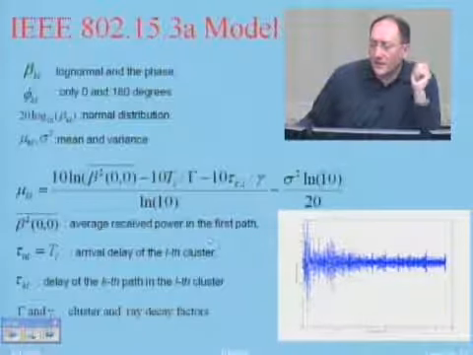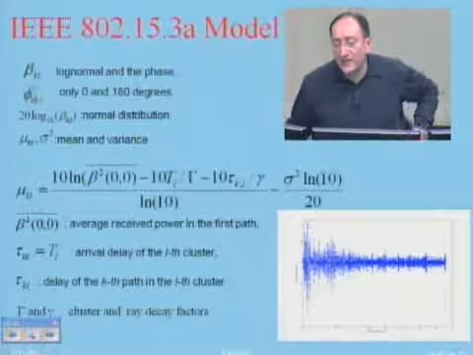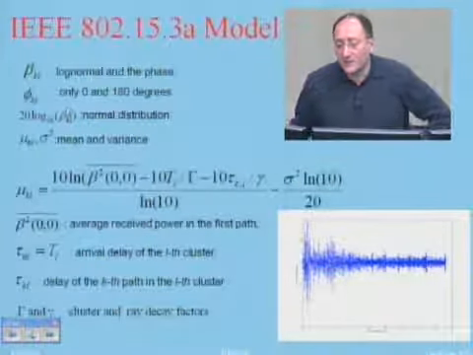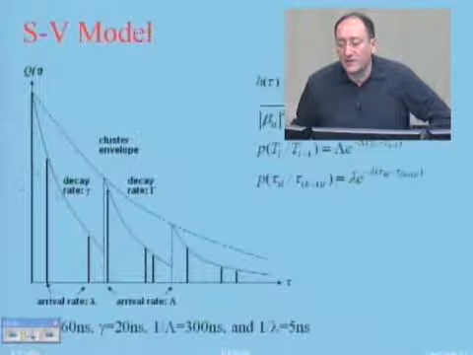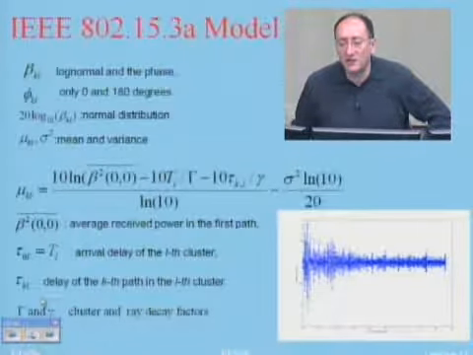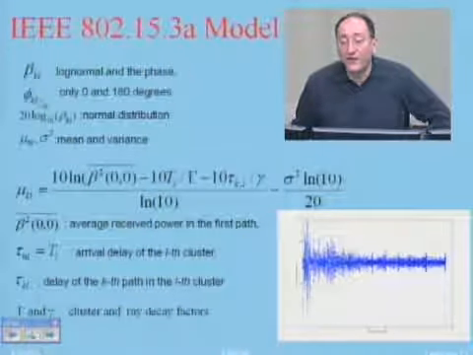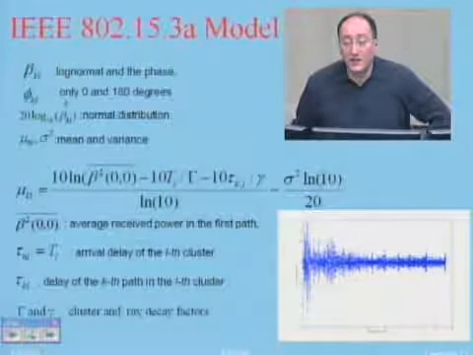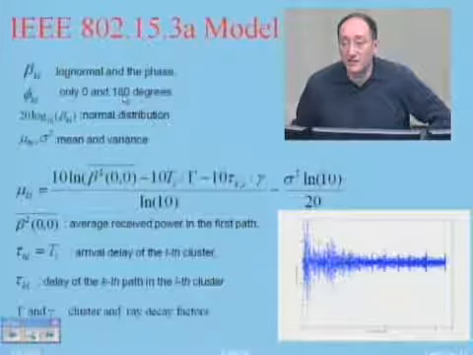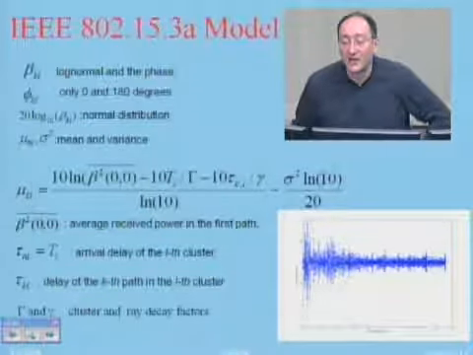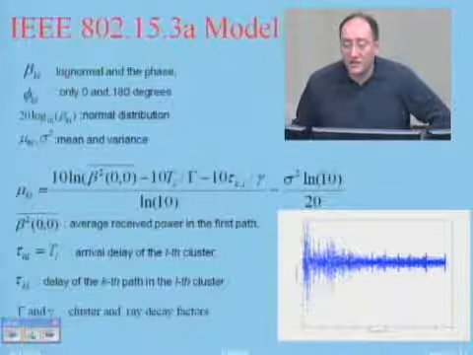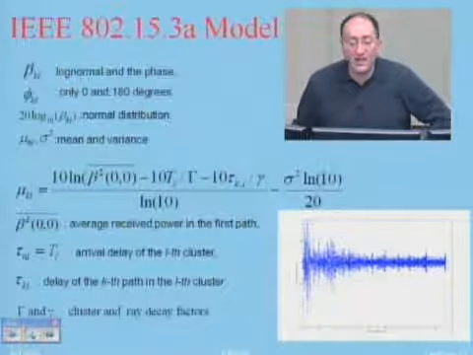Now, finally, they came up with this model: if you look at these paths that you have in here, the strength of these paths is given with these equations. The distribution is log normal. Phase is not uniform anymore. It's either 0 or 180 degrees. And then these are equations to calculate that. And these are the decay rates.